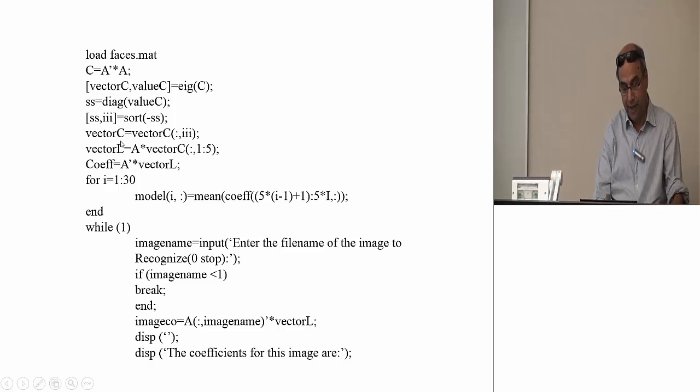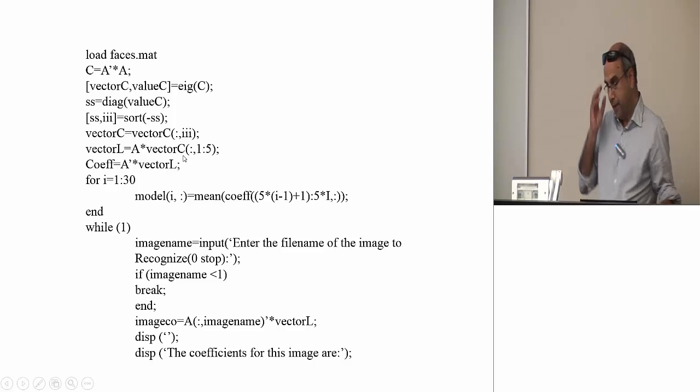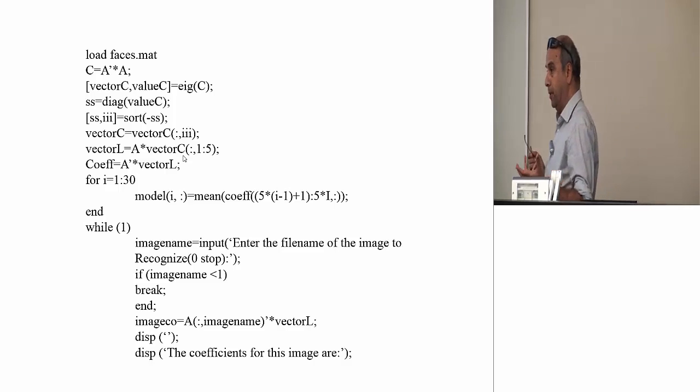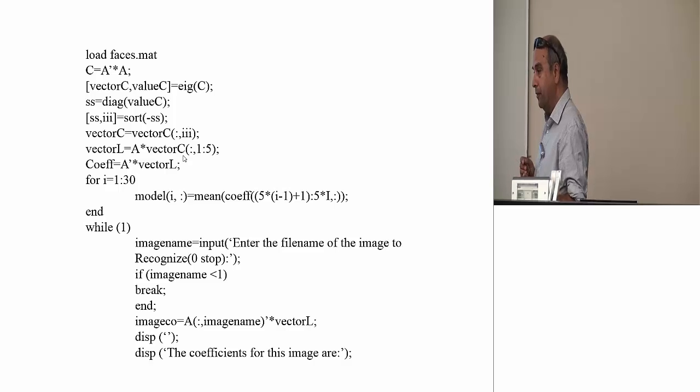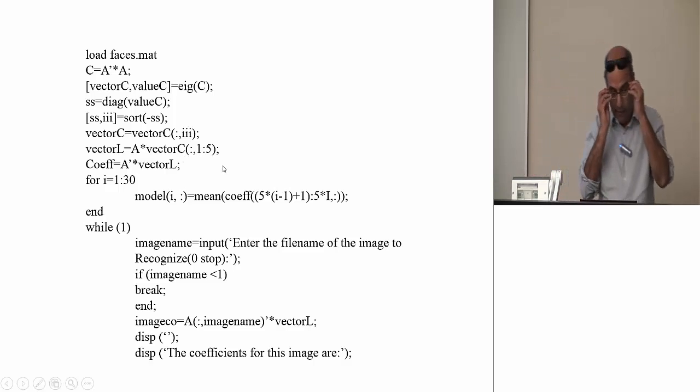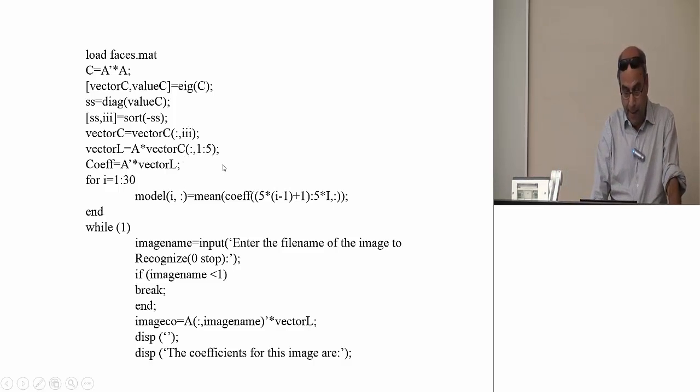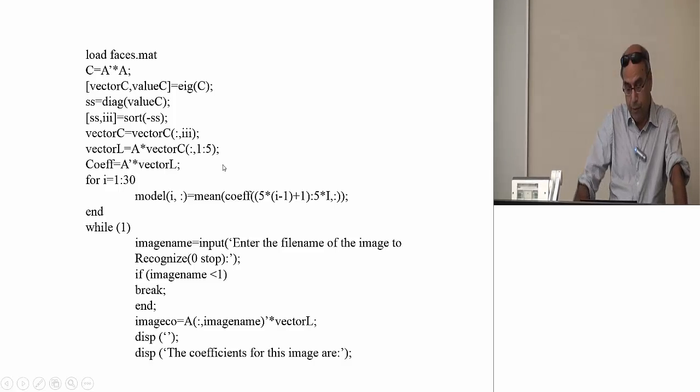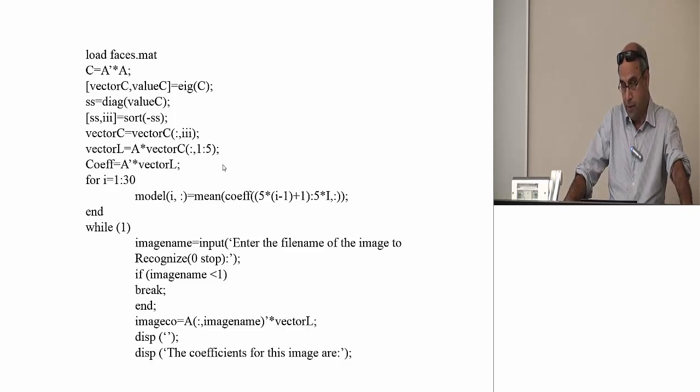So once you have these eigenvectors, you want to get the eigenvectors of L, as we talked about, just multiply by A. And here we are selecting only 5, which is very simple, very few eigenvectors, 1 to 5, as you see here.